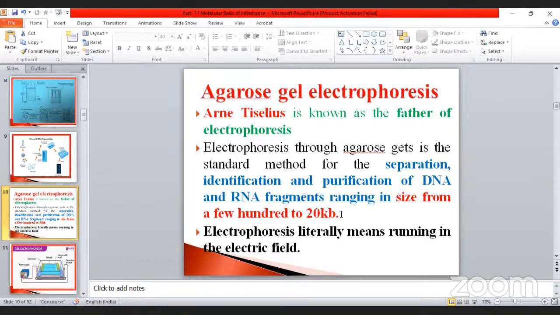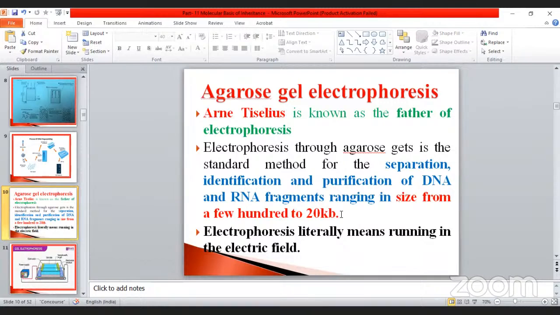Agarose gel electrophoresis only. If you want to separate DNA as well as RNA accurately, you use agarose gel electrophoresis. The size ranges from a few hundred to 20 kilobase. It's a very, very minute quantity.